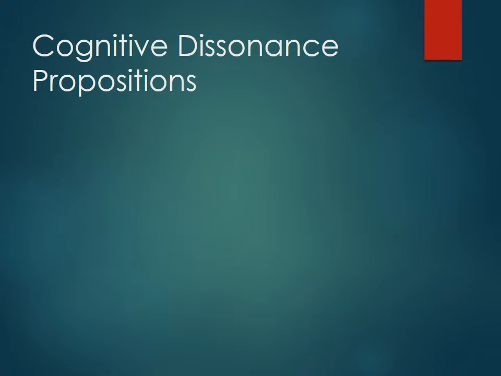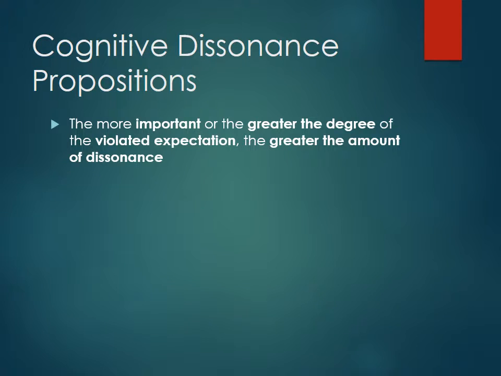So here are a few propositions, really important. First, it says the more important or the greater the degree of the violated expectation, the greater the amount of dissonance. So you and I have expectations of ourselves, of the people we work with, of our bosses, of our family.